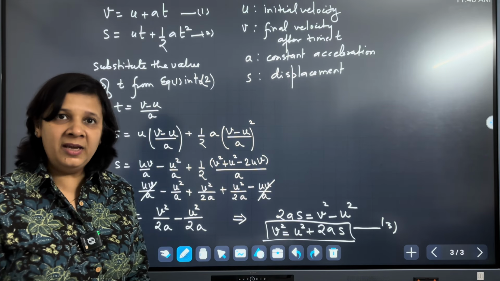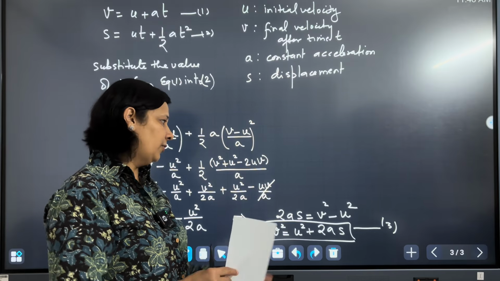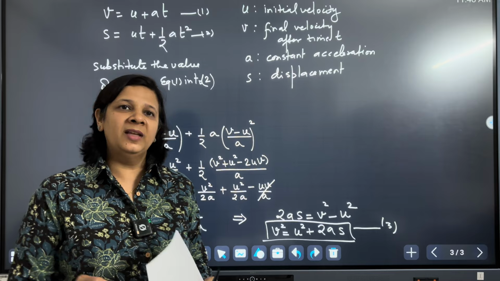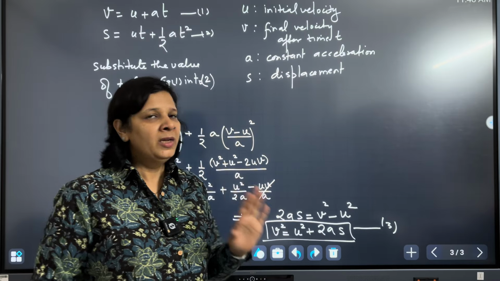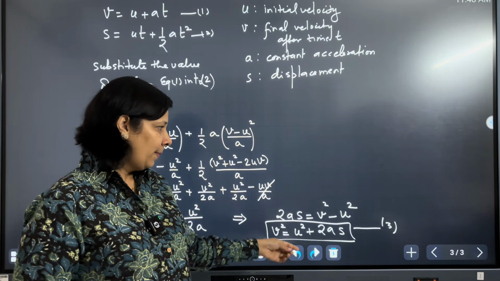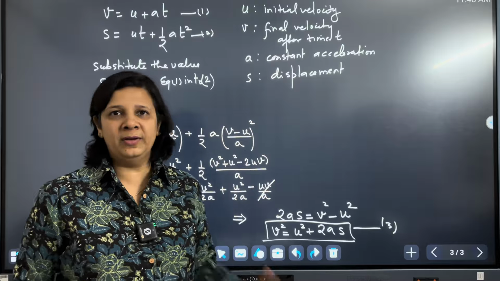These three equations will be very useful, for example in questions where you do not require the information of time, then you can save your time by using this third equation. It is not that you cannot solve by using the first two equations, but in certain situations this equation is going to be very useful.